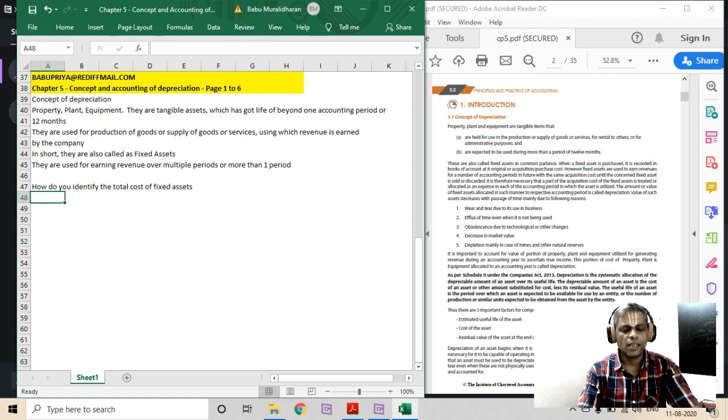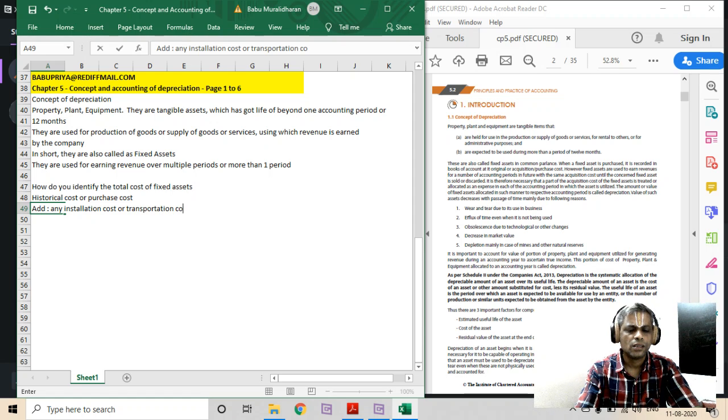Fixed assets are normally taken at historical cost or purchase cost, and then we have to add any installation cost or transportation cost to bring it to the place where it is going to be put into use.